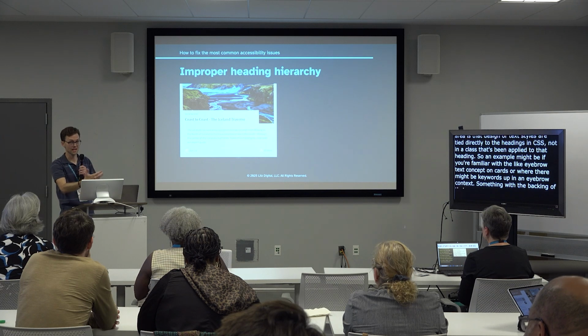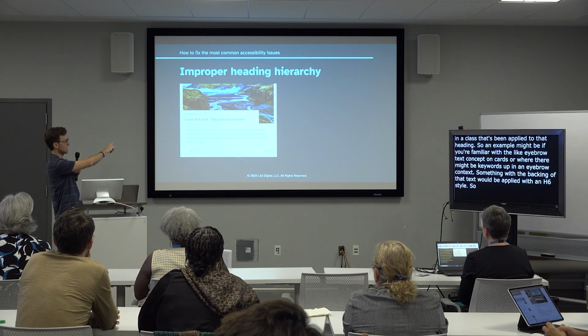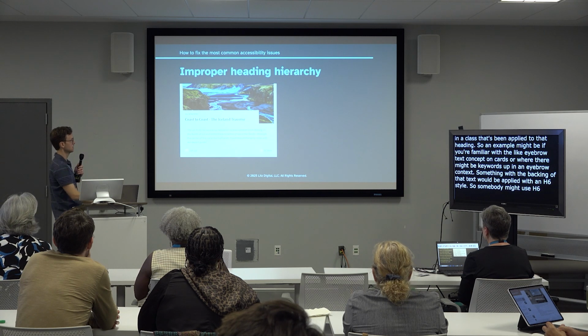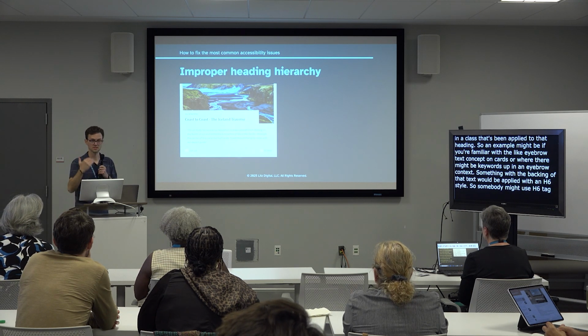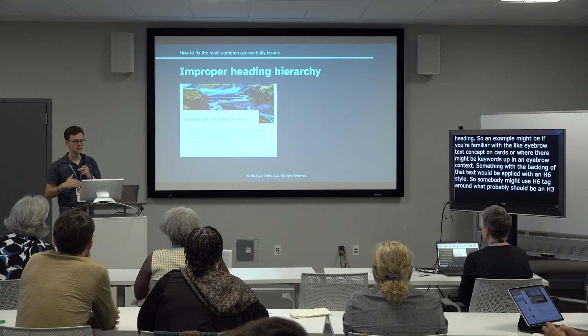So somebody might use an H6 heading level tag above what should probably be an H3 tag for that coast to coast headline, which is improper heading hierarchy because it's not using your proper outline structure.